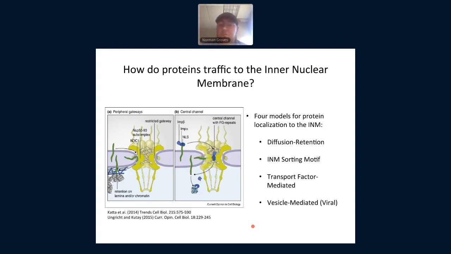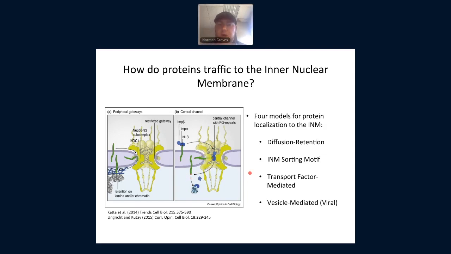So the mechanism by which membrane proteins might reach the internuclear membrane has been theorized. First of all, the pathway by which it gets there is either through peripheral gateways, which are the channels between the nuclear pore complex and the nuclear envelope, where the protein would squeeze between the small channel and then reach its destination, or the central channel by which a protein might span through the assembly of the nuclear pore complex and pass through the central channel and reach the internuclear membrane.